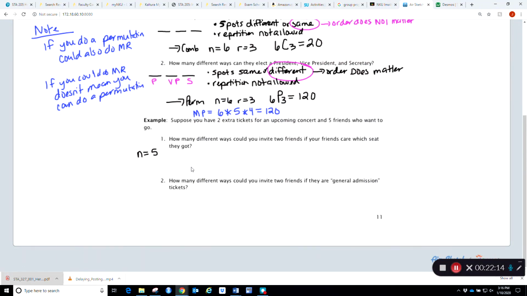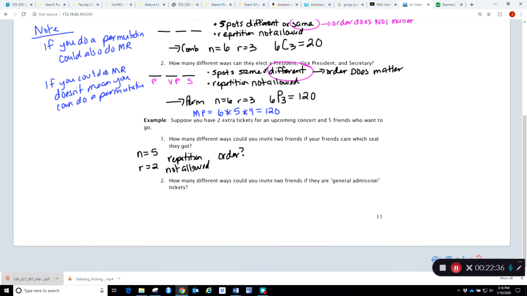How many are we going to choose? 2. Right, repetition is not going to be allowed here. Why? We're not going to invite the same friend for both tickets. We have 2 tickets. We're going to have 2 different people go.